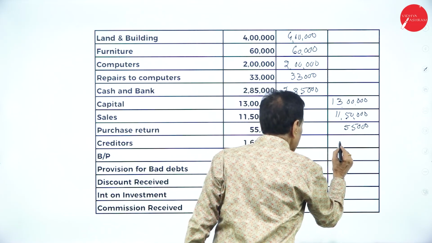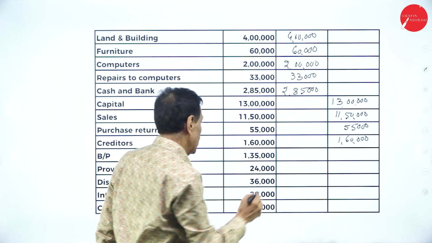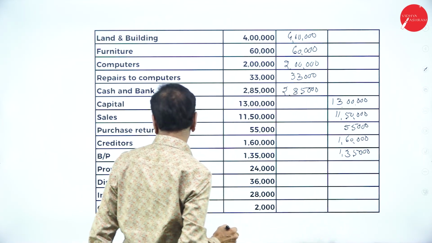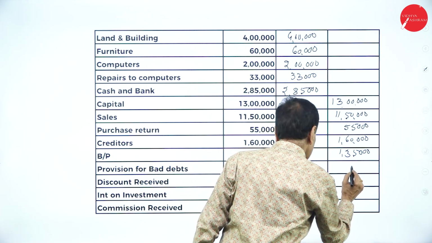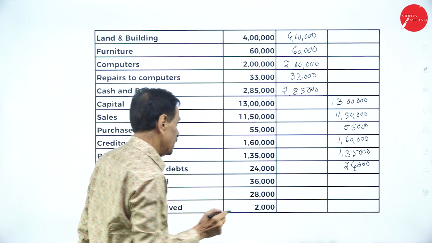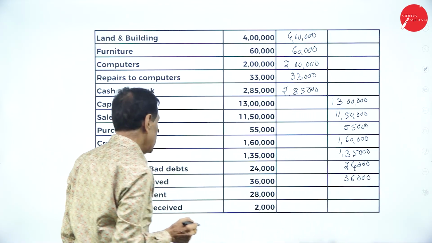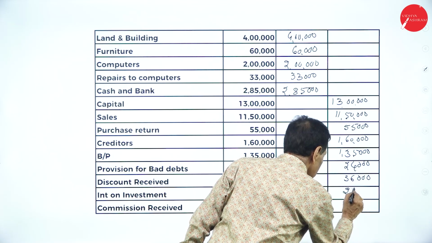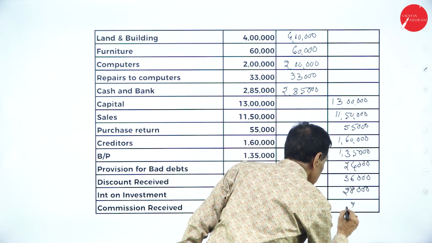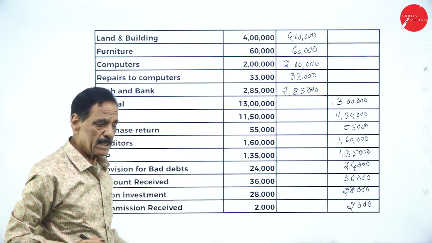Creditor, credit side. Bills payable, credit side. Provision for bad debt, credit side, old bad debt. Discount received, credit side. Interest on investment, credit side. Commission received, credit side. All incomes will be on the credit side, all liabilities will come on the credit side.